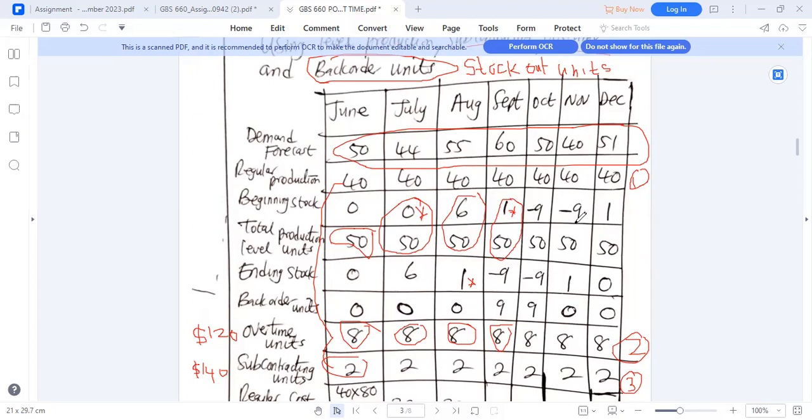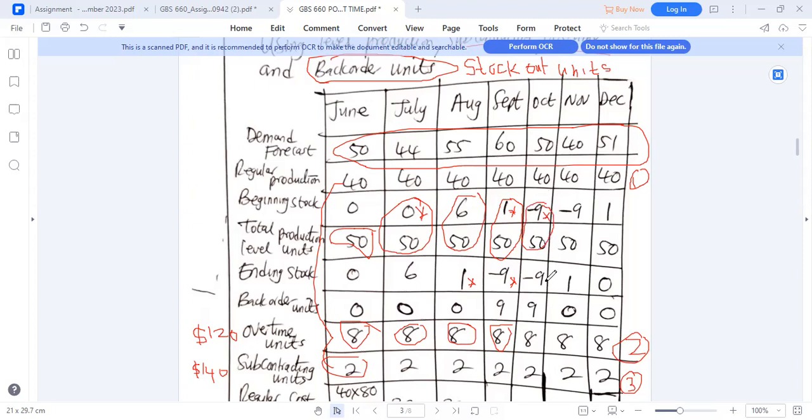Okay, so this is what we have. So here the ending stock is -9, which will be the beginning stock in October. And then we add these two to meet the demand of 50. We are getting a negative.